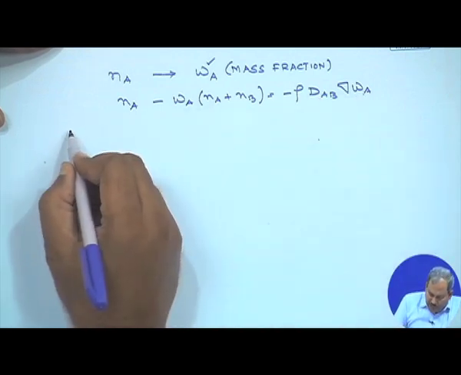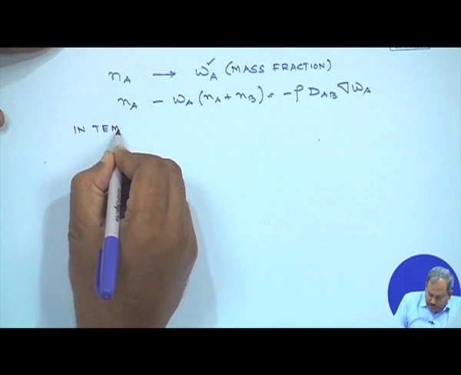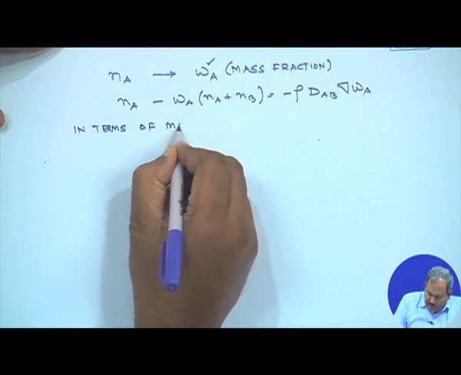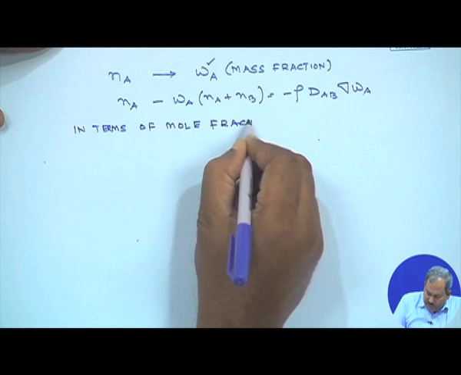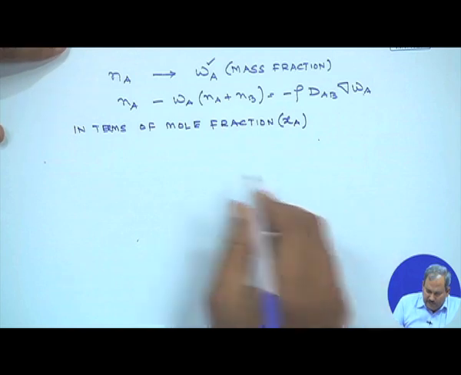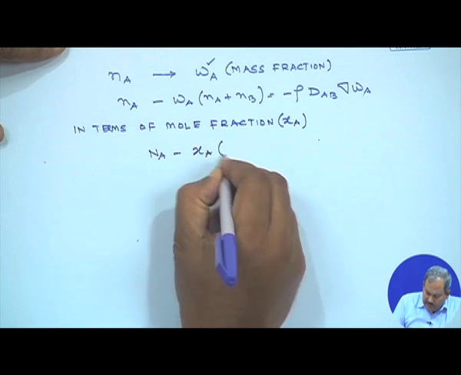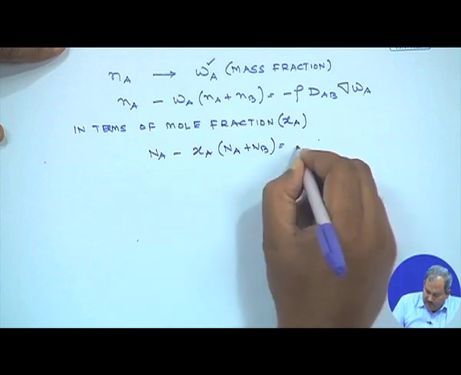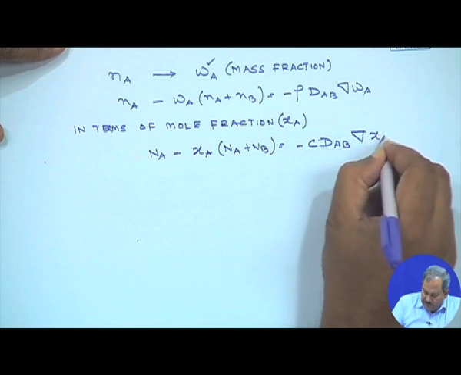And if I write in terms of mole fraction, we get the familiar equation. Mole fraction we denote by Xa, and the familiar expression is Xa times Na plus Nb equals minus C dAb del of Xa.